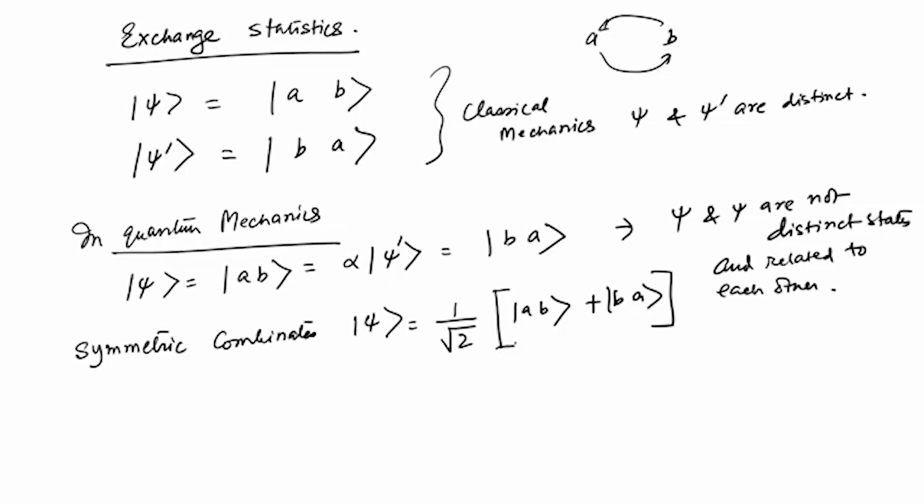Because if you change A to B, it does not pick up a sign; the second term becomes the first term and the first term becomes the second term, so it does not matter which one you write first inside the bracket. So, this is a symmetric combination, and an antisymmetric combination is also there.